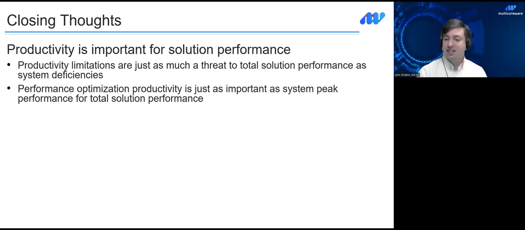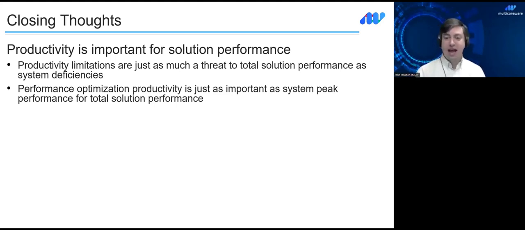If we're not getting the peak performance that we expect out of a system, that is a threat to the viability of a solution on that system. But just as much of a threat to the viability of a solution on that system is the productivity limitations and how much development effort it's going to take to reach our performance targets on those systems.